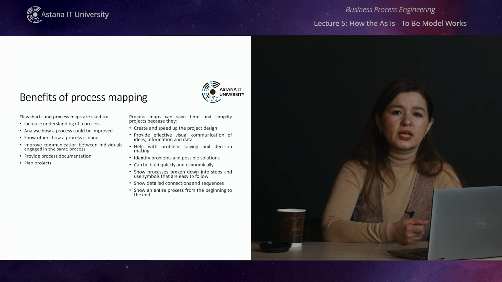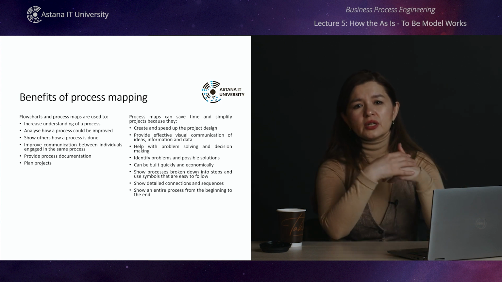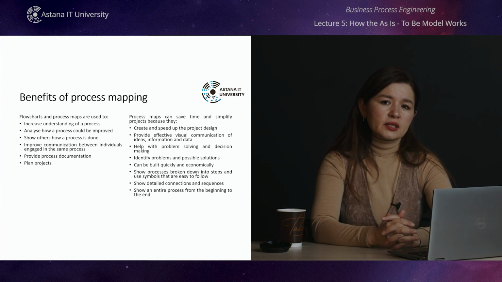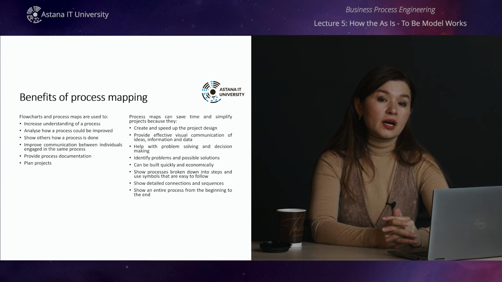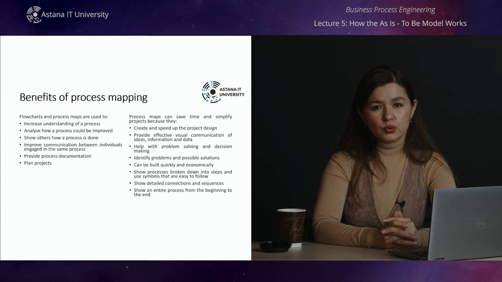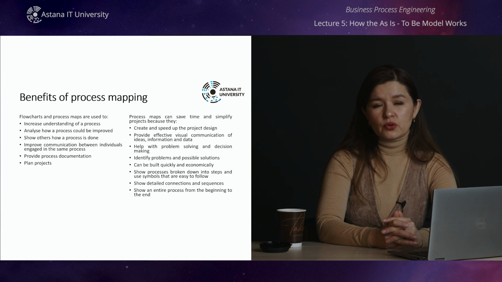Process maps also enable stakeholders to strategically ask important questions about workflow. By posing targeted questions, organizations can uncover hidden inefficiencies, explore alternative approaches, and identify opportunities for innovation. This questioning process drives continuous improvement initiatives.